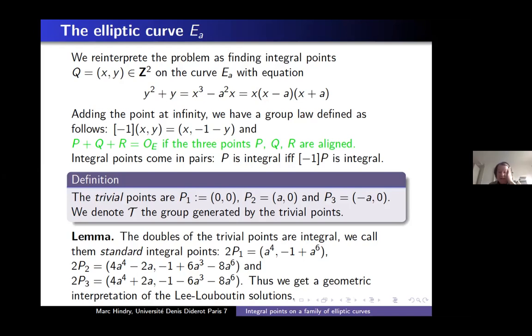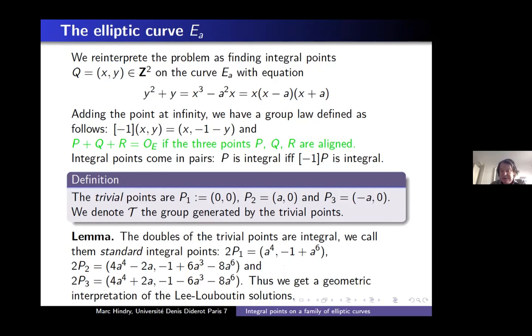But what happens is that in this case, when you compute the double of those trivial points, you get integral points, which I will call standard integral points. Now, if you remember more or less the formula of Lee-Louboutin, that's exactly, of course, the 3 solutions that were found by Lee and Louboutin. So it's not new.